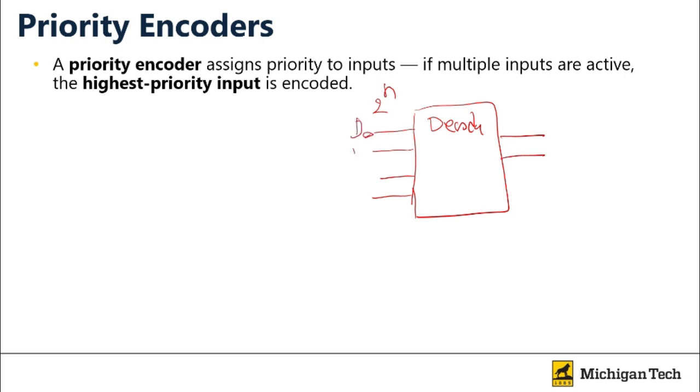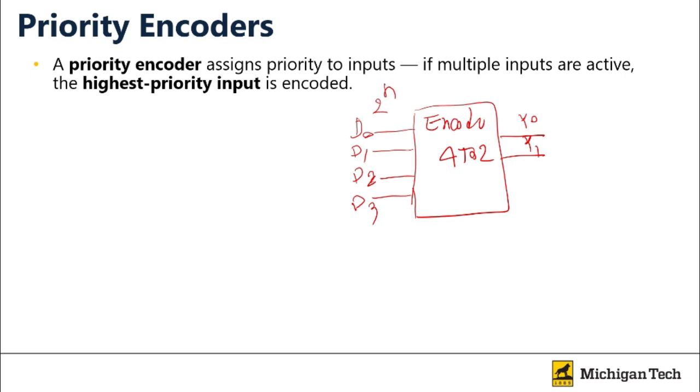Like D0, D1, D2, D3, and Y0 and Y1, for example. It's called an encoder. 4 to 2. This was the encoder.